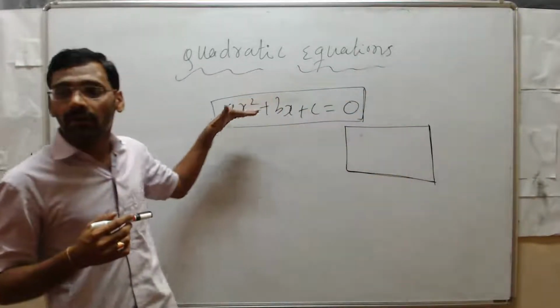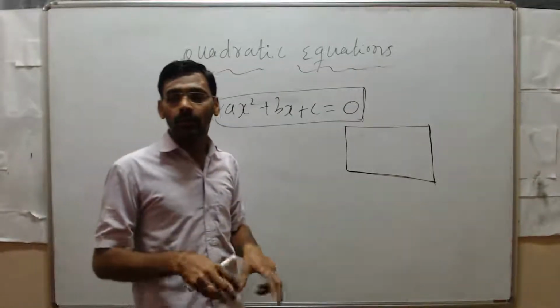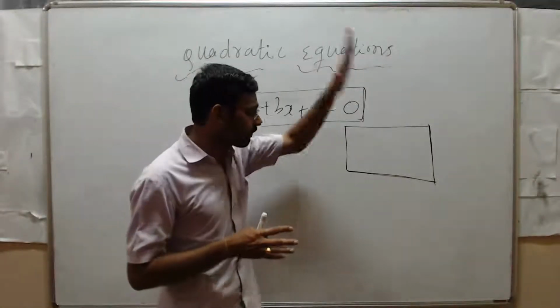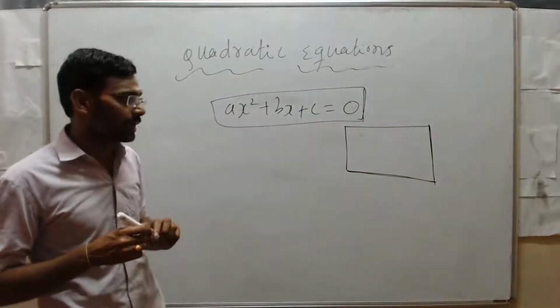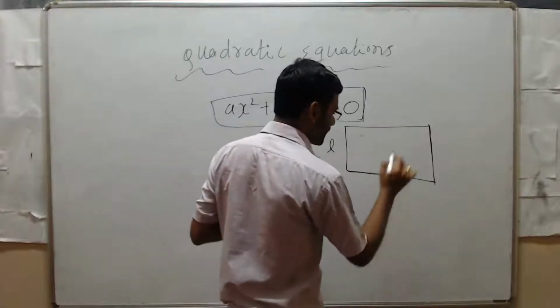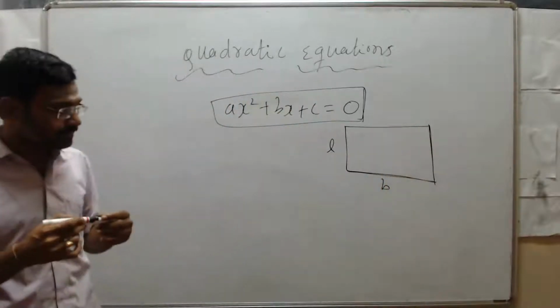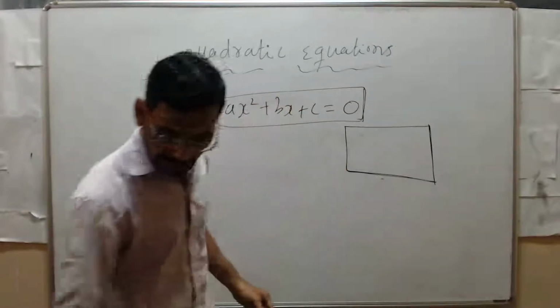What does the use of quadratic equation mean? We are able to find the area of this classroom with the help of a quadratic equation. Let's consider this as length, this as breadth.